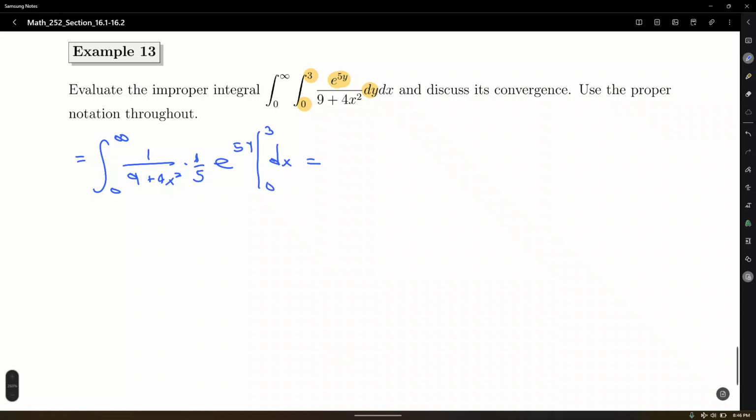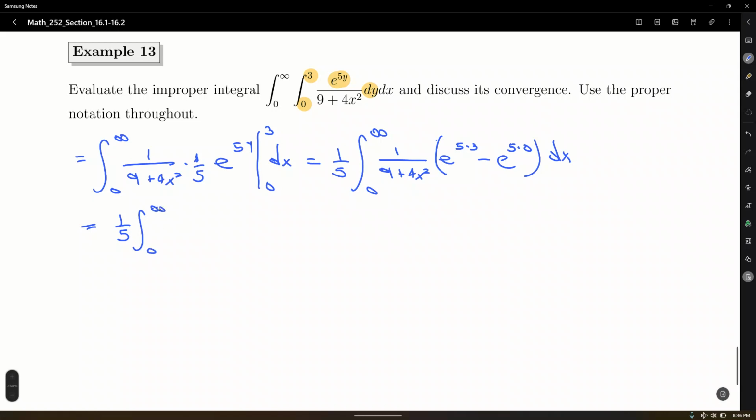Well, I'm going to take this 1/5 out of the integral. That's 1/5 integral from 0 to infinity of 1 over 9 plus 4x squared times e to the 5 times 3 minus e to the 5 times 0 dx.